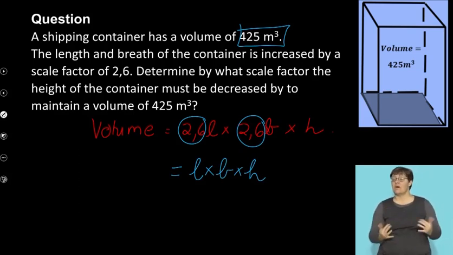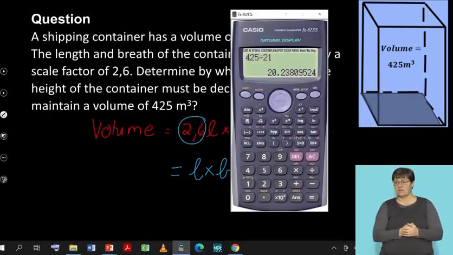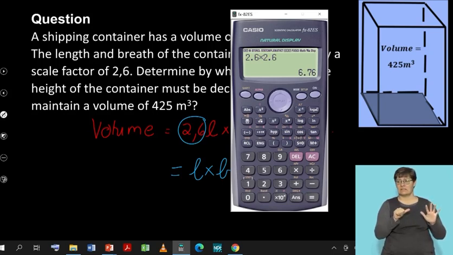And how I'm going to do that is by taking the multiplicative inverse. So we can see that if I multiply 2,6 by 2,6, it gives me 6,76. So if I multiply my height by a factor of 1 over 6,76, it will return to its original length times breadth times height.